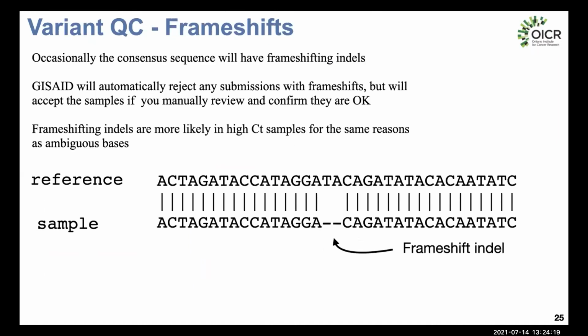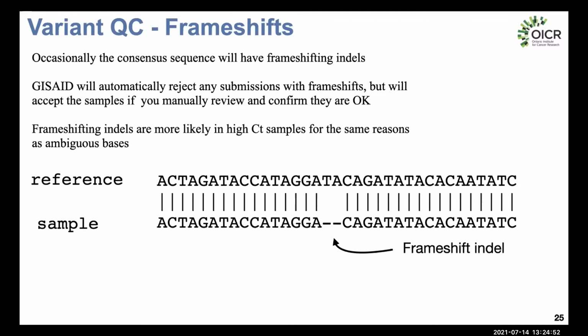Now, a second type of consensus QC that we perform is looking for frameshift mutations. So this is moving away from looking for substitution style mutations to insertions and deletions. Now, the coronavirus genome is very dense with protein coding sequences, and we'd expect very few indels introducing frame shifting mutations, so having length that isn't a factor of 3.